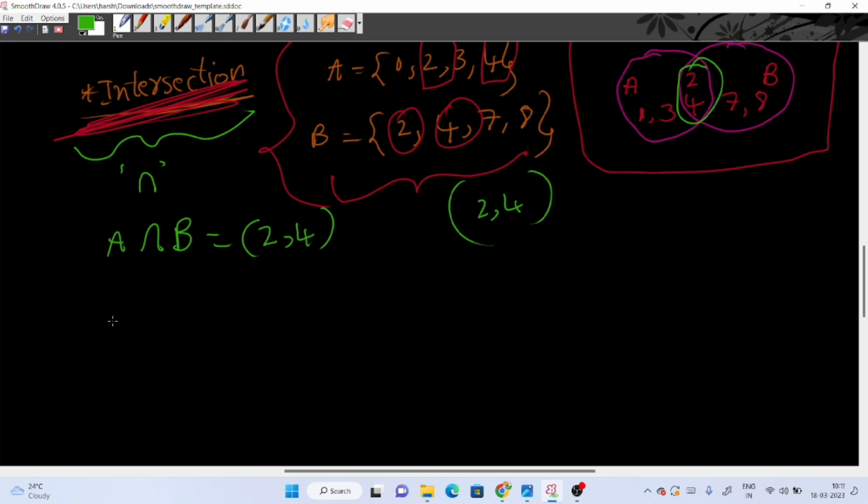Now let us understand union. We will represent union using this symbol. So what is union?